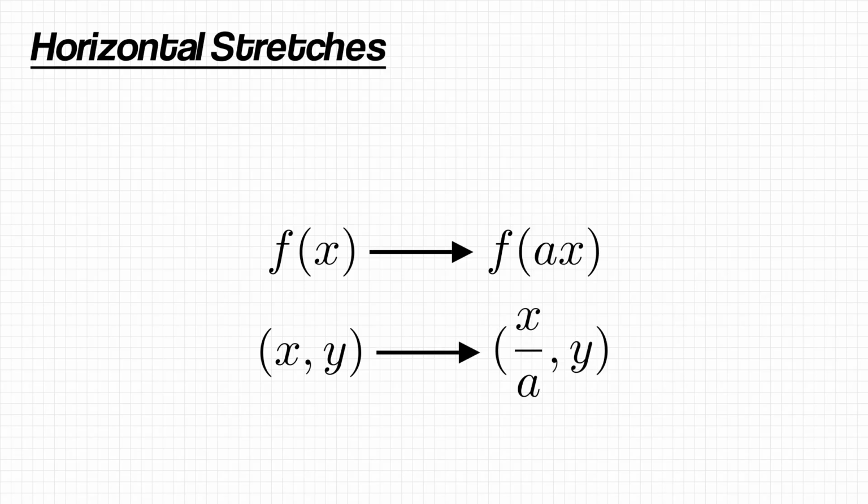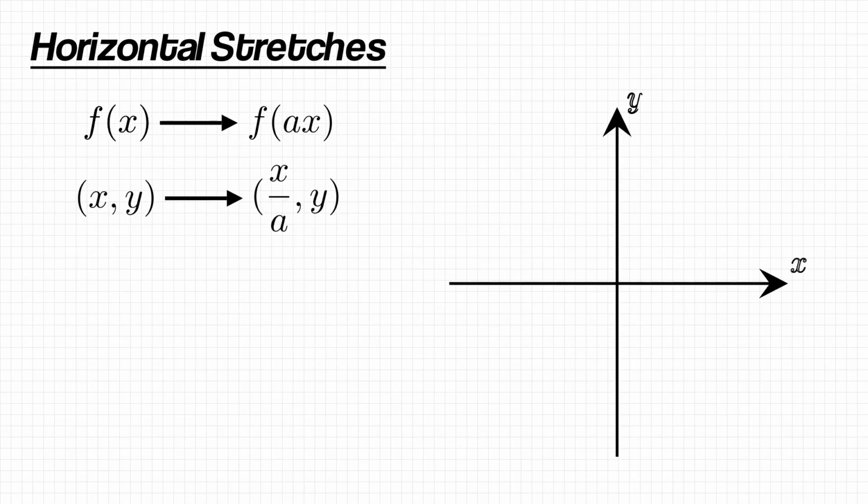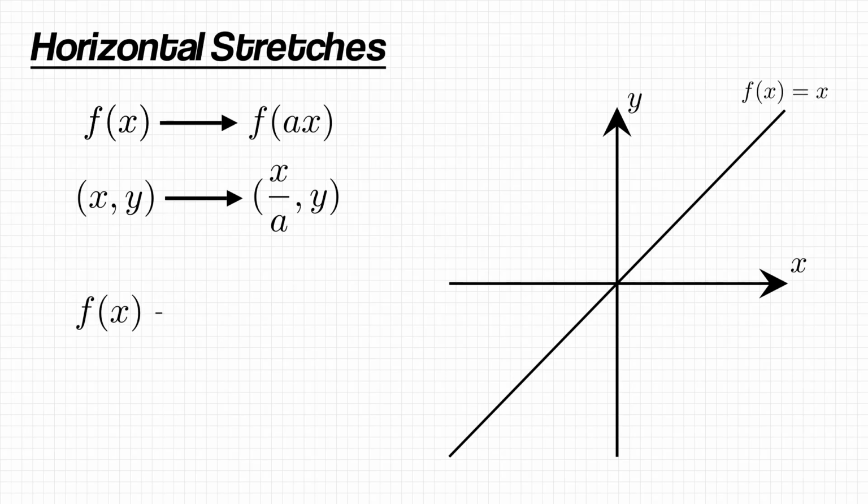For this transformation, it's not immediately clear what it means to have a be negative. To help us work out what this means, let's take a simple function, say f of x equals x, and now let's try to transform it into the function f of minus x.